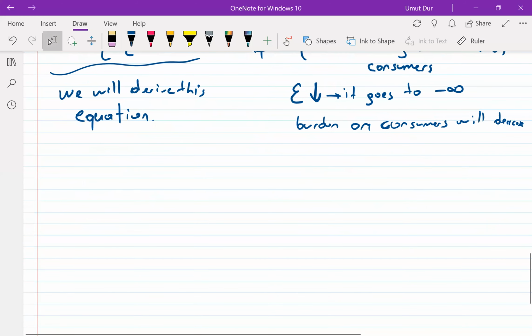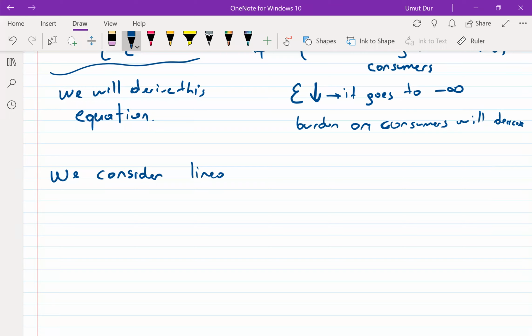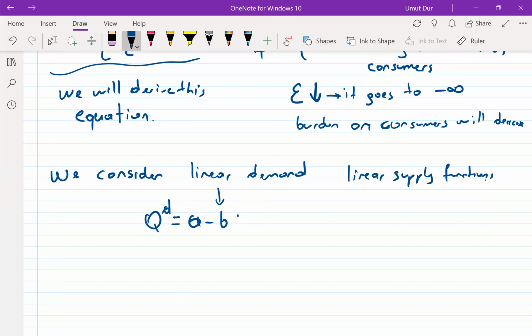So we consider linear demand and linear supply functions. Let's say the demand function is Q demand equals A minus BP, and supply is Q supply equals E plus FP.